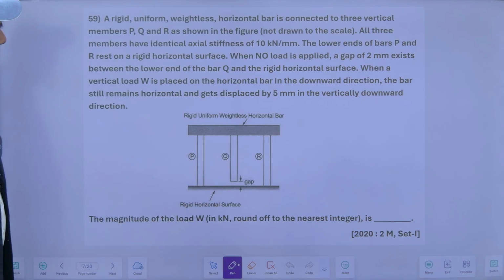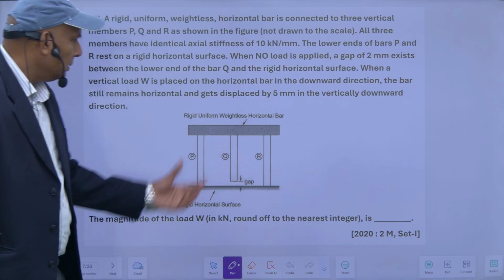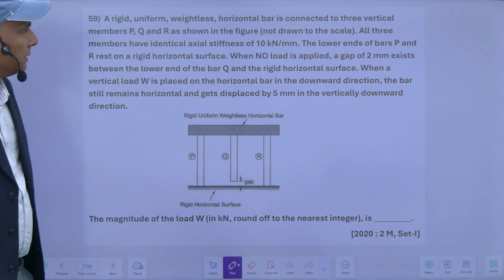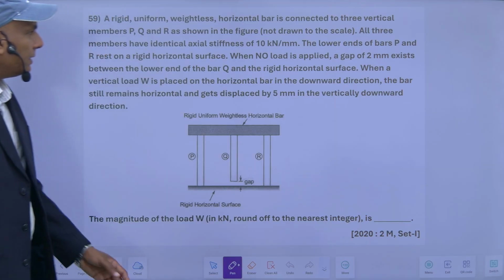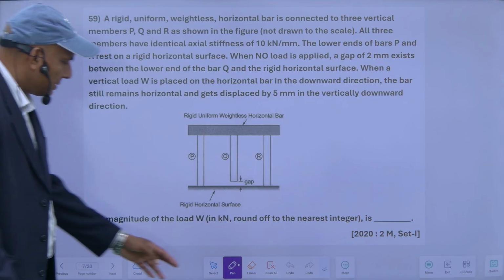There is a rigid, uniform, weightless horizontal bar. This is the bar, connected to three vertical members P, Q and R shown in the figure, not drawn to scale.